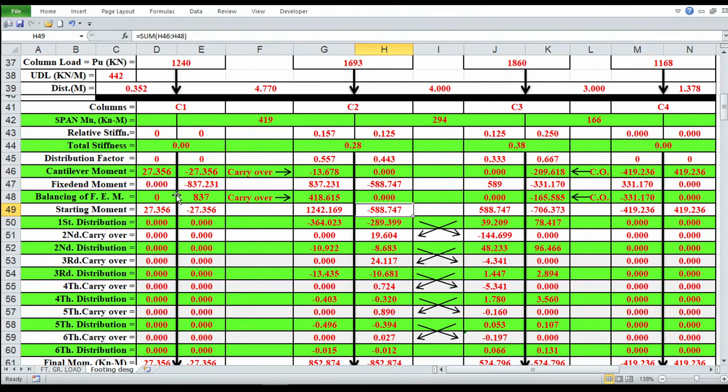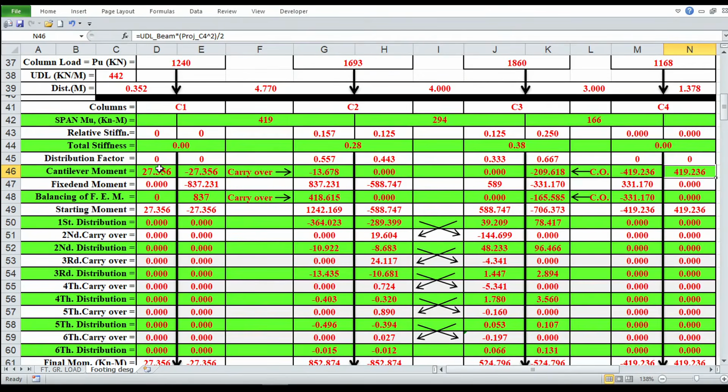Now the cantilever moment, WL square by 2. W is equal to 442 kilonewton. Here L is equal to 0.352 meter. Similarly here, WL square by 2.